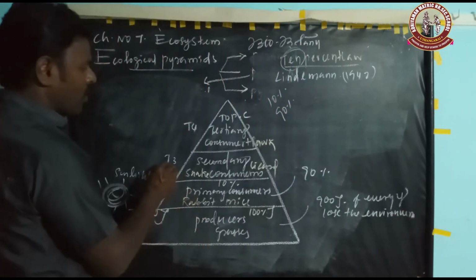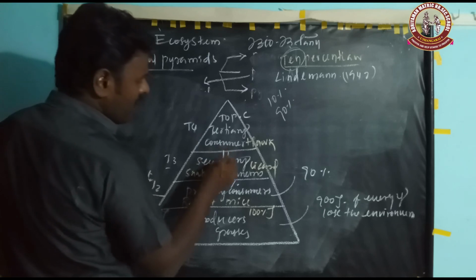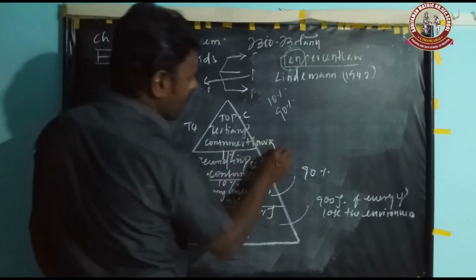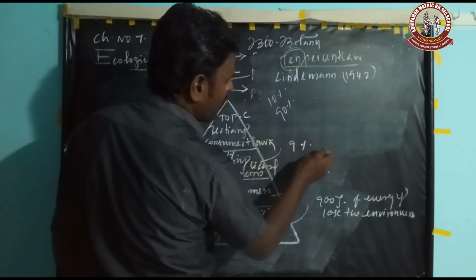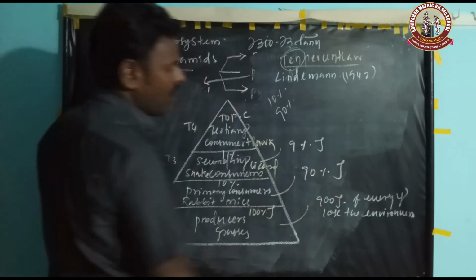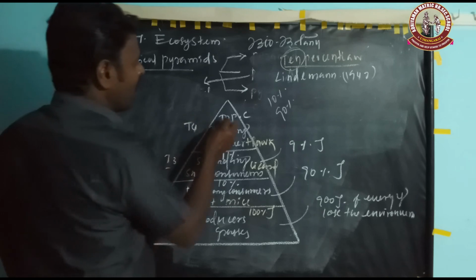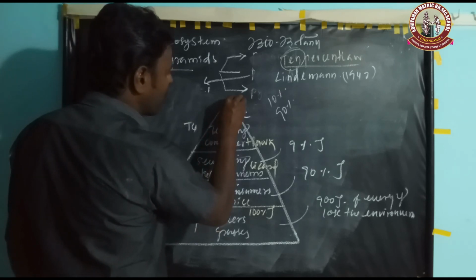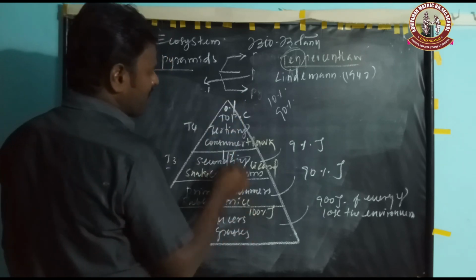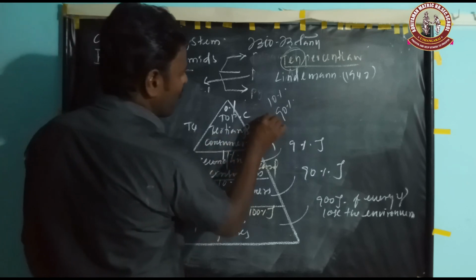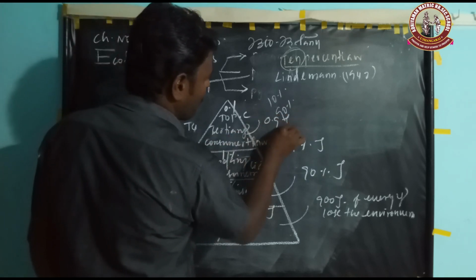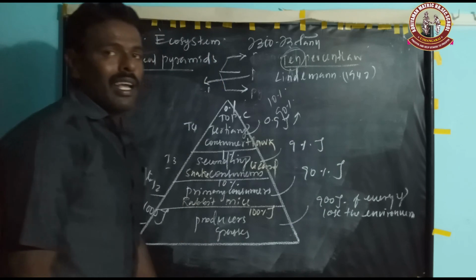And then trophic level 3 only utilizes 1%, the remaining 9% of joules of energy is lost to the environment. Finally, trophic level 4 only utilizes 0.1% of energy. So the remaining 0.9% of energy is lost to the environment.